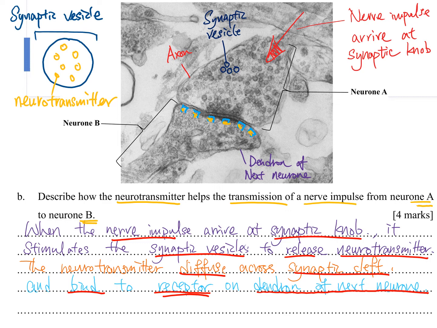The thing I'm drawing now, they are the receptors, which allow the neurotransmitter to bind on them. At the end, after binding of the neurotransmitter to the receptor, a new nerve impulse is generated. This is how the neurotransmitter allows the transmission of nerve impulse to go from neuron A to neuron B.